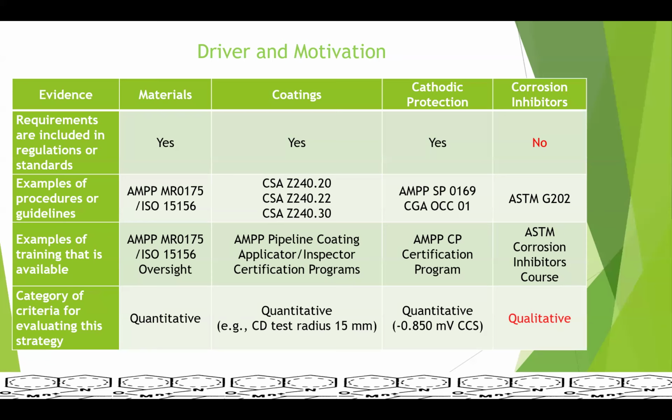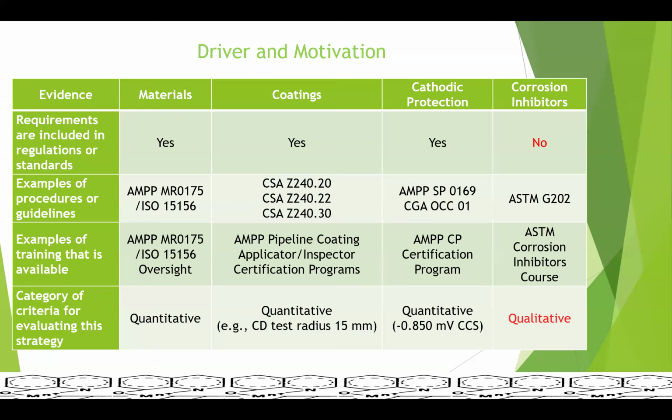Similarly, for coatings, we have regulations, especially in Canada, that require companies to follow CSA standards. And there are some AMPP as well as other courses being offered as to how to certify the coating inspector and applicator. In lab testing, there are very specific requirements. If you are going to carry out a CD cathodic disbondment test, the coating shall pass at less than 15 millimeters disbondment.